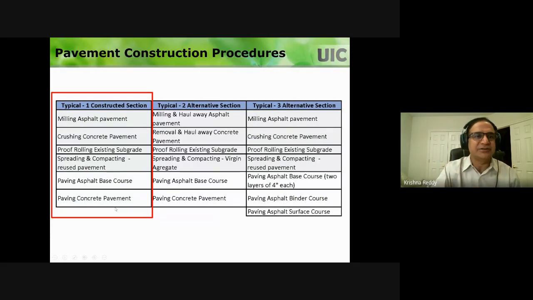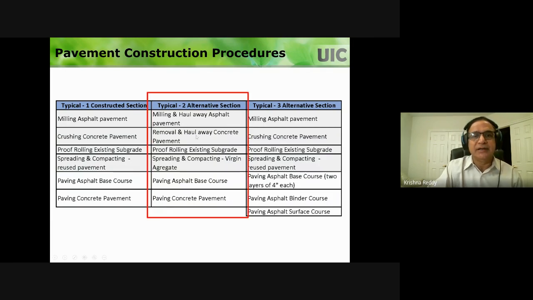It's a typical construction, but the only thing is, in the beginning, you have an existing pavement, right? So you need to take out the asphalt and the concrete, and then prepare it to have the new pavement. And the crushing of this concrete results in the recycled aggregate. Right at the site, they crush it, and they store the recycled aggregate, and then they reuse it when they are building the new pavement.